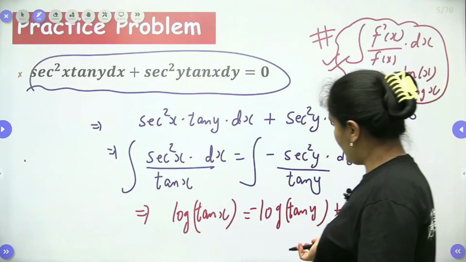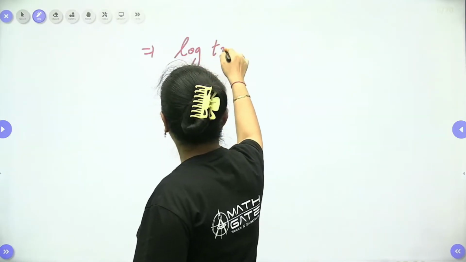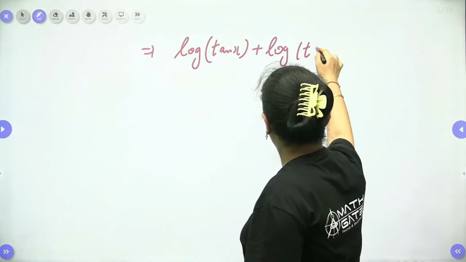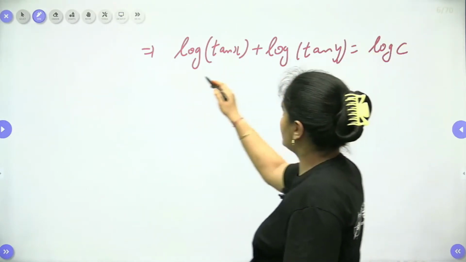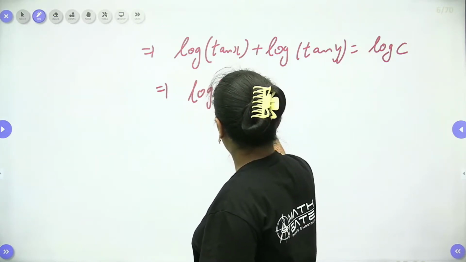Now if you want, you can approach it in a simple manner. You can write down log of tan x plus log of tan y is equal to log of c. We can write log of m plus log of n is nothing but log of m into n.